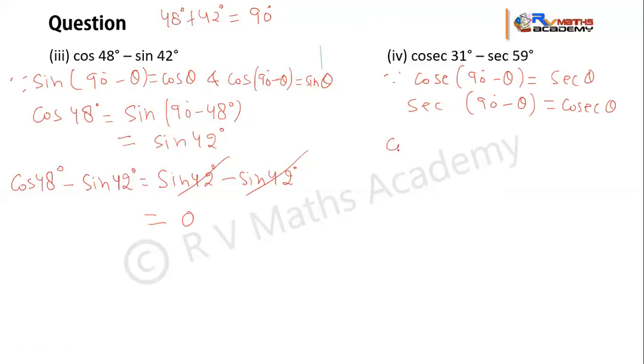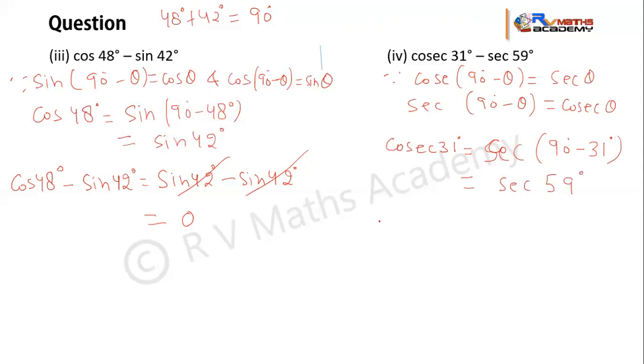So here I am changing cosec 31. So cosec 31 degree is equal to, here you can write cosec is equal to sec. So if you want to change this trigonometric ratio, you can write sec 90 degree minus 31 degree. So we can write, this is sec 59.